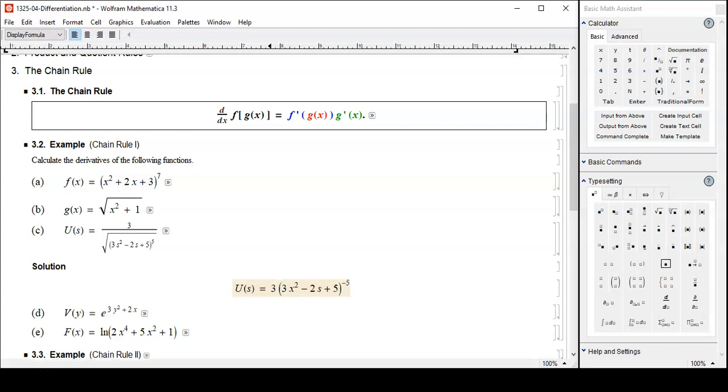Negative 5 halves power. Is that clear to everybody? Why negative? Because this thing is in denominator. Why 1/2 power? Because it's square root. If it had been cubic root, it would be 1/3 power. Fourth root, it would have been 1/4 power. And then why 5th power? Because we have 5 power here.